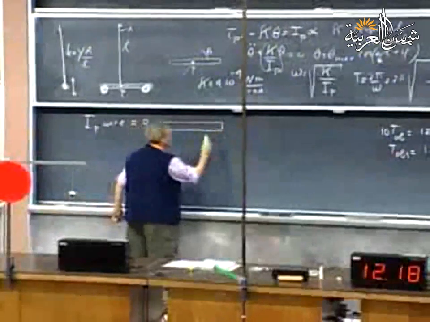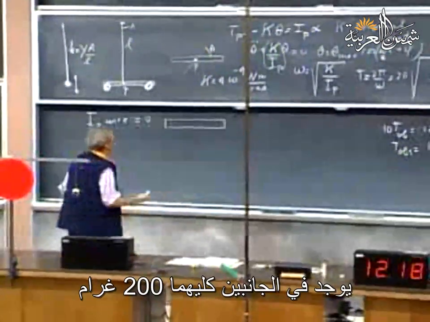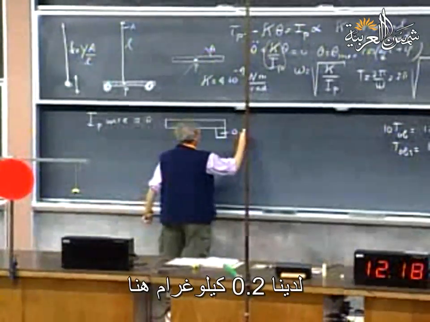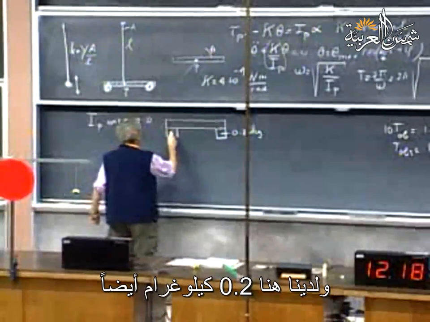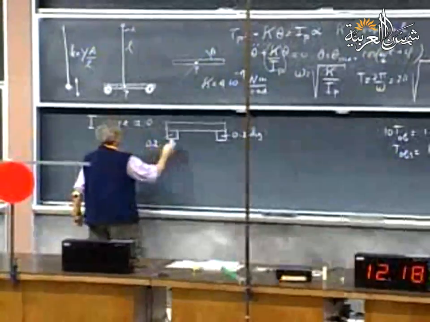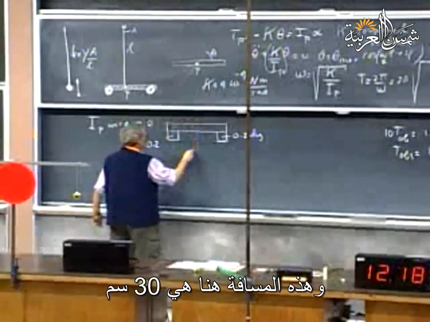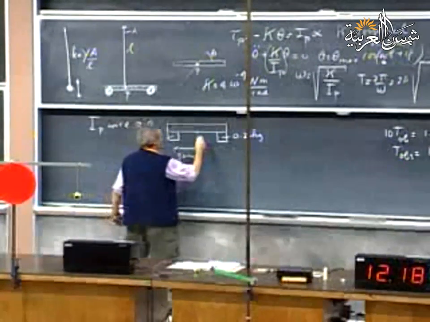Here it is. It has on both sides 200 grams, which is 0.2 kilograms, and here 0.2 kilograms. And this mass is almost negligible. And this distance here is 30 centimeters, and this distance is 30 centimeters.